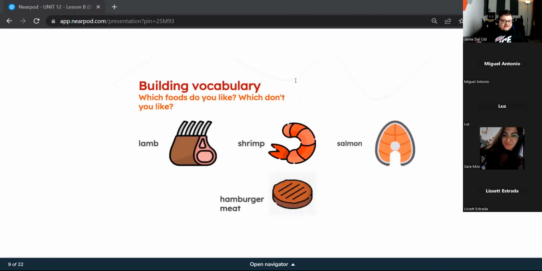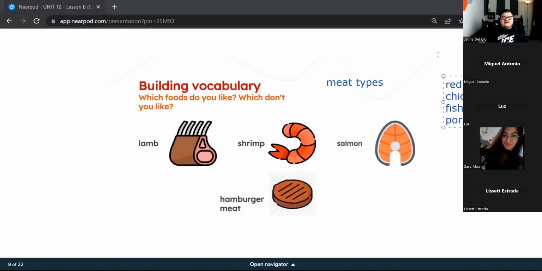And let's go with the very last slide, in which we talk about the meat types. So meat types. Why? Because we already know some of these, right? We know that there is chicken, we know that there is fish, we know that there is pork. That's something that we studied yesterday, right? We have the word meat in general. In general, like for example, red meat, carne roja.